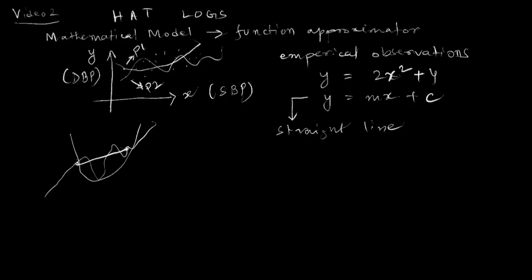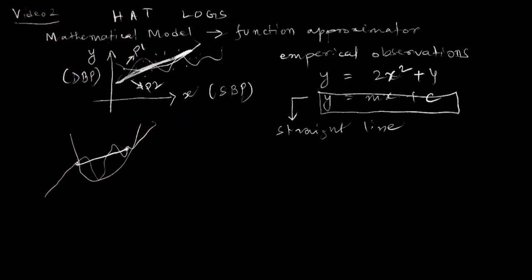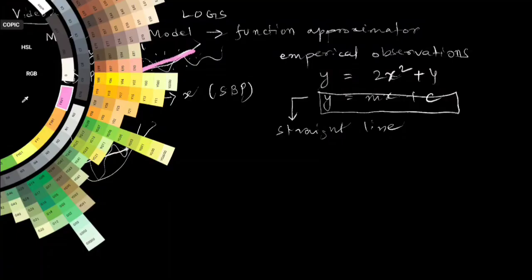Now, what a mathematical model does is essentially give us something portable. So if you say, okay, this bunch of points is actually a line, let me give it a different color, is a line, then I have a simpler way to talk about it.